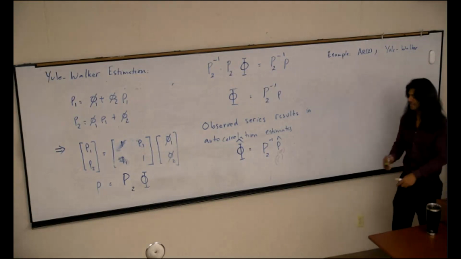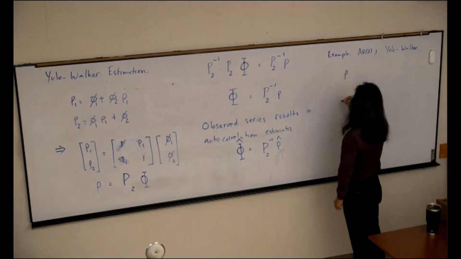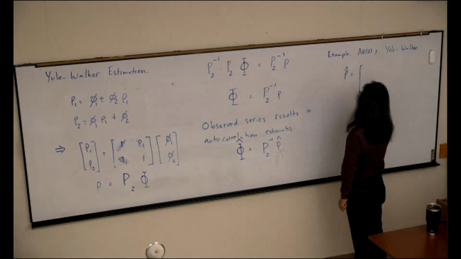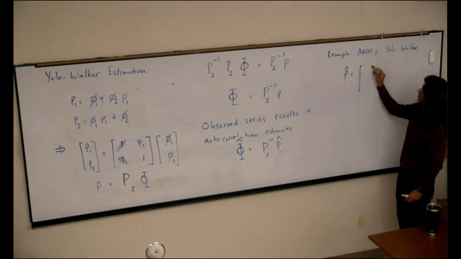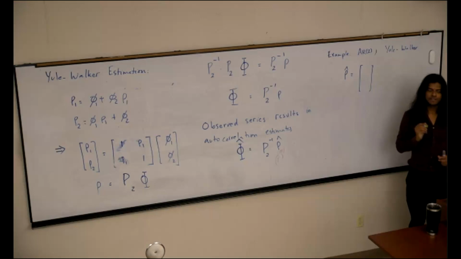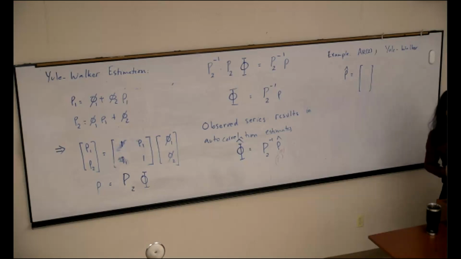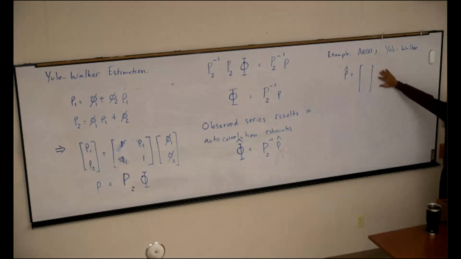So I have the estimates for autocorrelation, rho hat. Here's a question. What do we expect the autocorrelations to look like for an AR model?